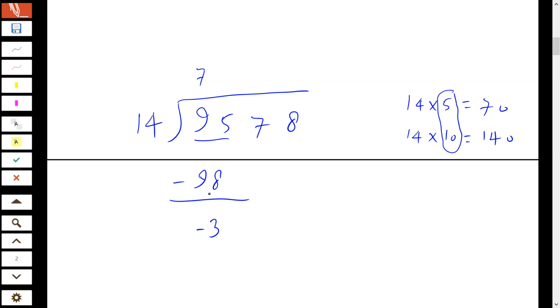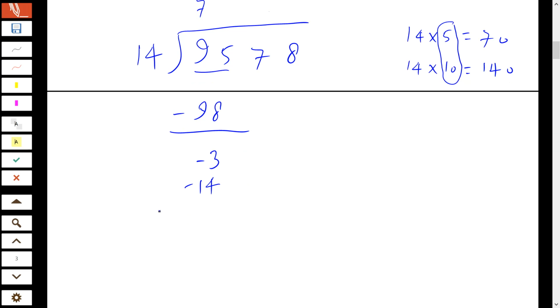So I need to multiply 14 by -1. 14 times -1 is -14. And I have to subtract this. So I get 11. Now 11 is acceptable because this is smaller than 14.